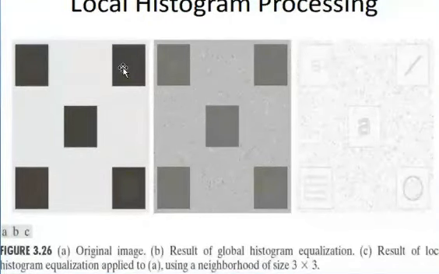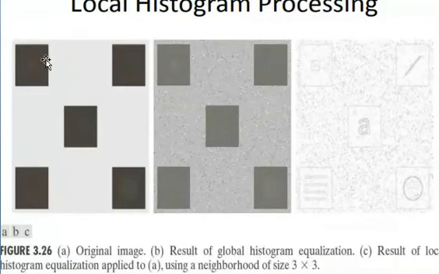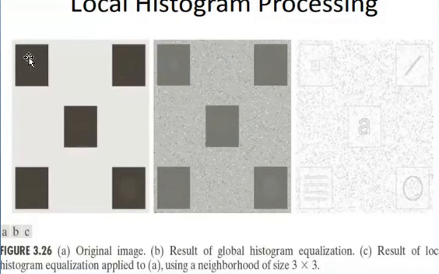That means split this image into many 3 by 3 parts, and then apply the histogram equalization. For each 3 by 3 part, find the histogram and then apply the histogram transformation. Then you can get the equalized image.